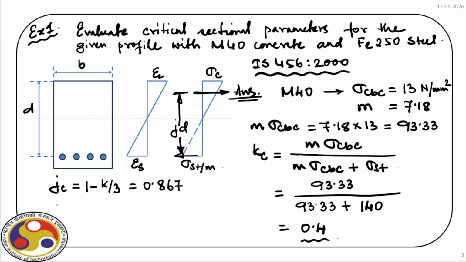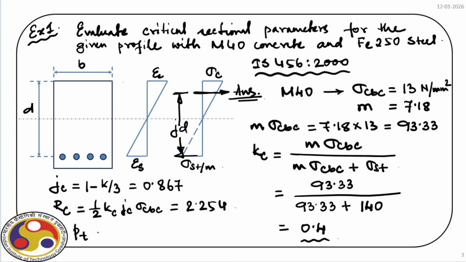Now we can find out what is Rc. Rc is equal to half Kc Jc and then sigma CBC. We know all of them. If we put this, you'll get 2.254. And then finally what we have is Pt.